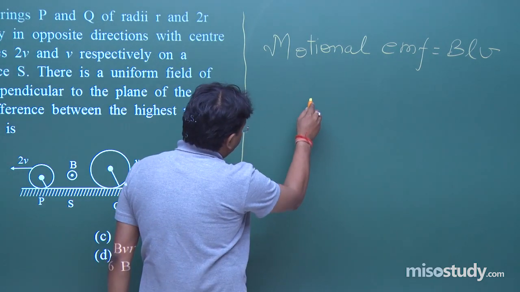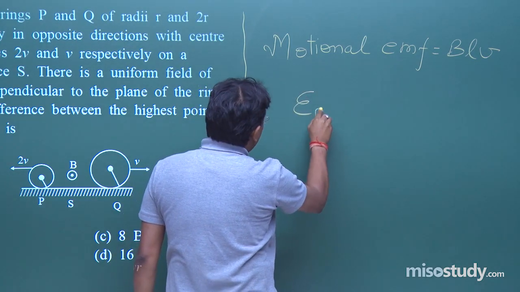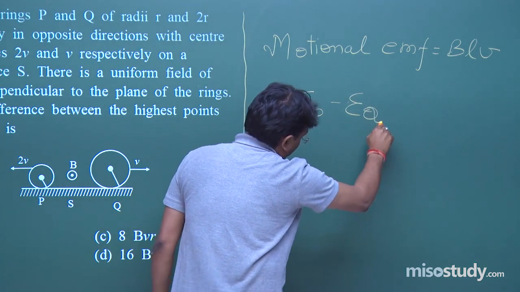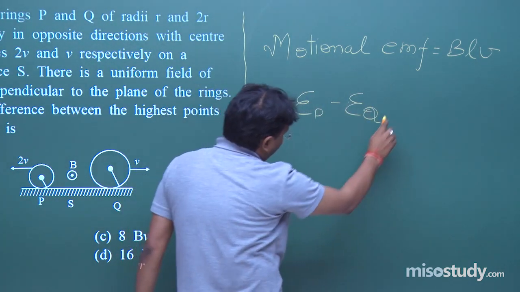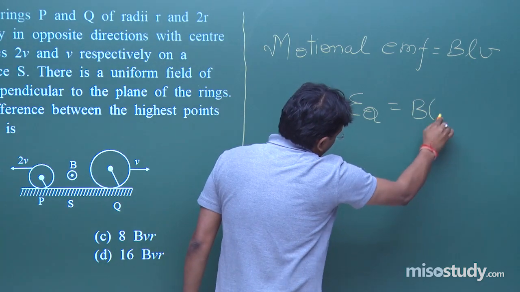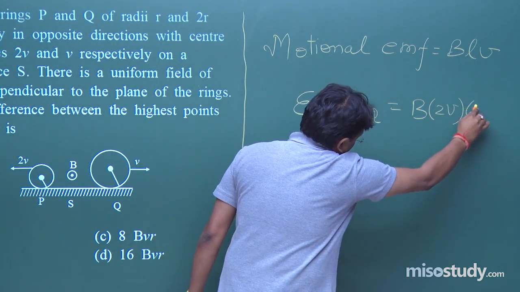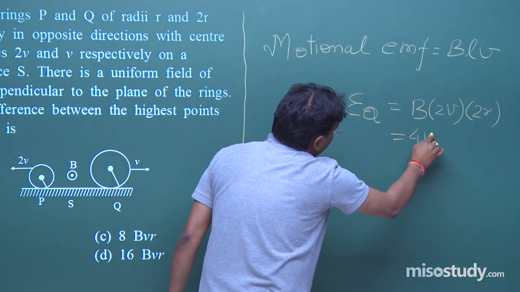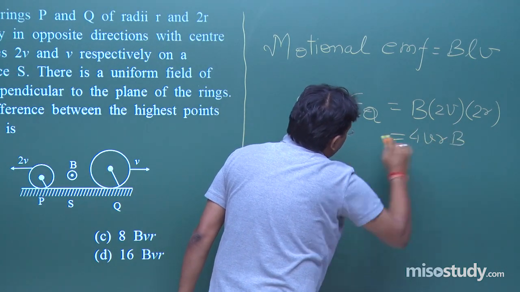So, EP minus EQ. Okay, no problem. That is B into 2V into 2R, which will give you 4BVR.